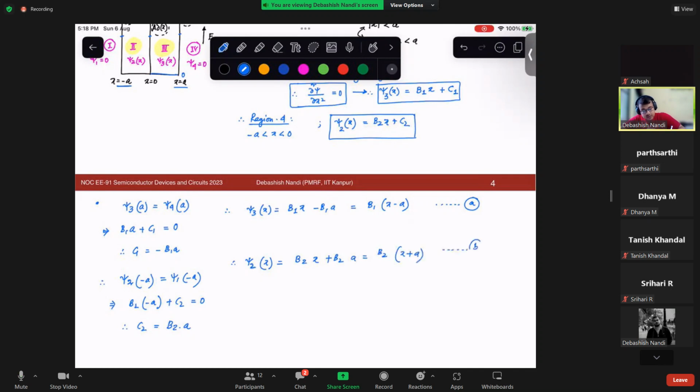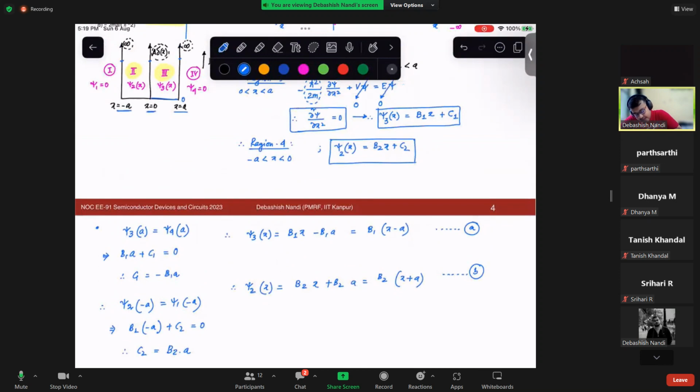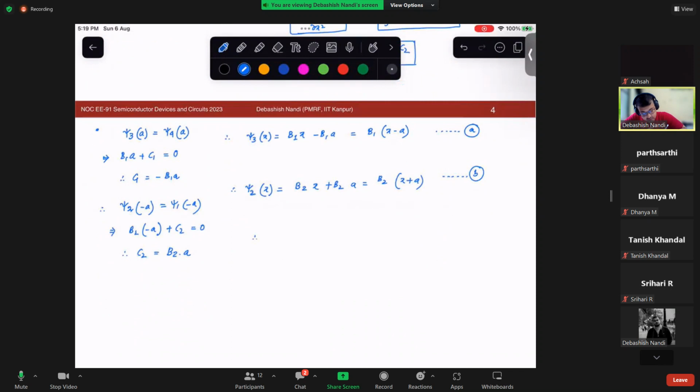Okay. So now we have got two constants to figure out, right? C we have found out in terms of B's. So now you see we can apply a boundary condition at this place also, x equal to 0. So what would that lead to? That psi 2 of 0 should be equal to psi 3 of 0.